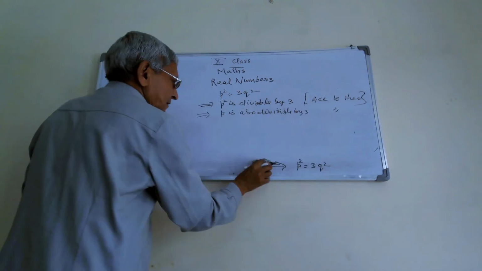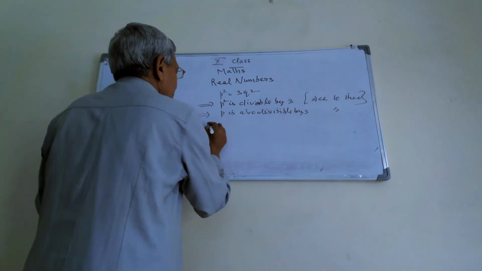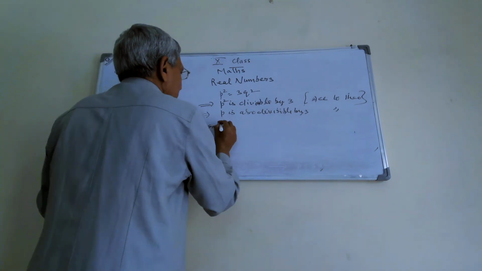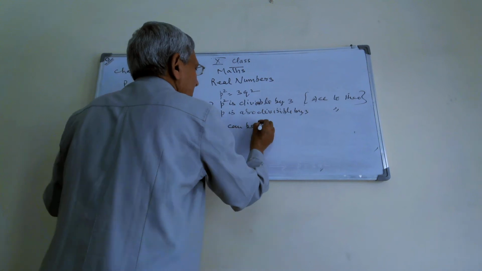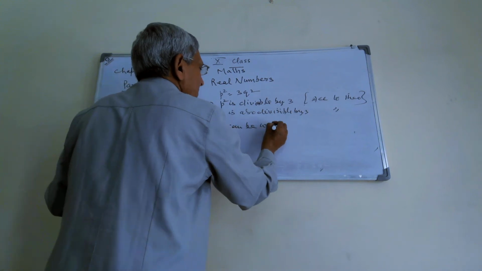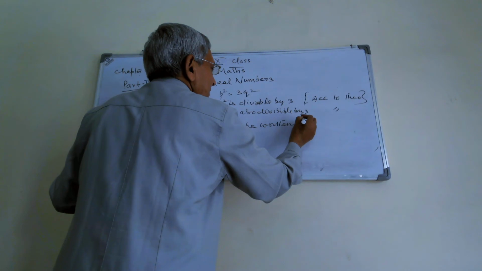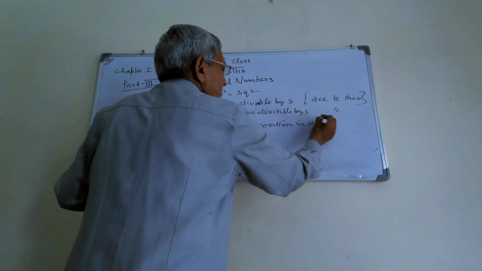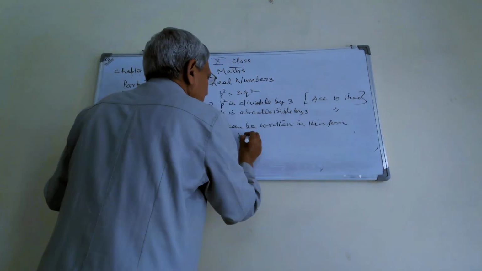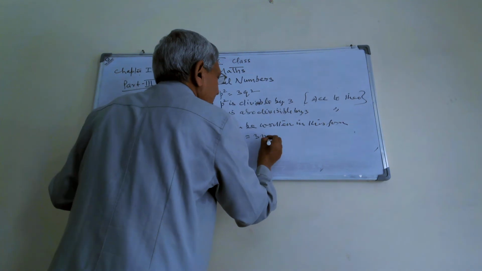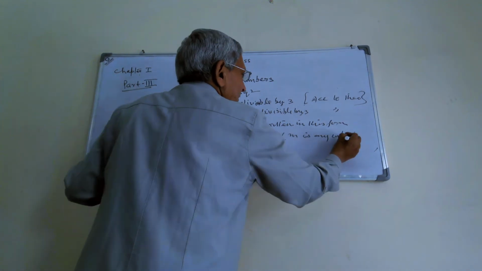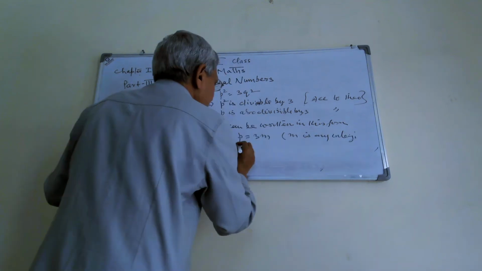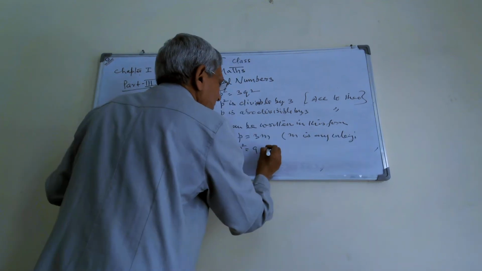Now P can be written in this form: P is equal to 3m, where m is an integer. P square is equal to 9m square.